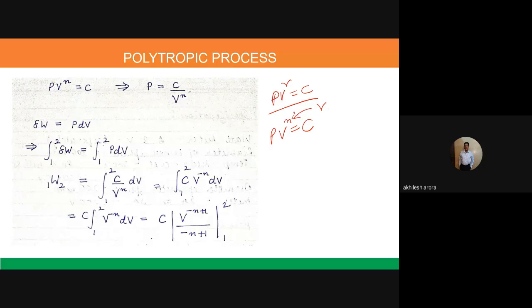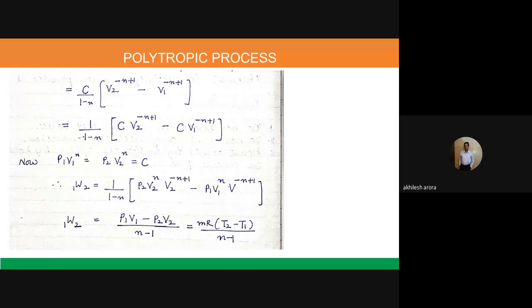If you see it here, I have once again started from delta W is equal to PdV, then integrated it between the states 1 to 2, considering that the process is taking place from 1 to 2. I'm not going to discuss how this integration has been done, because this has already been explained for the reversible adiabatic process.